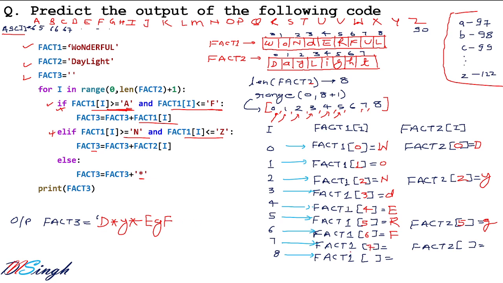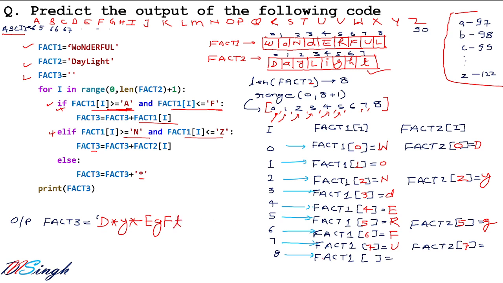Next time the value of I will be 7. And what is the value at index 7 in the fact 1 variable? That is capital U. Capital U is in the range greater than N, less than Z. So what will happen here? What is the value at index 7 in the fact 2 variable? Here you have T. So T will be concatenated.